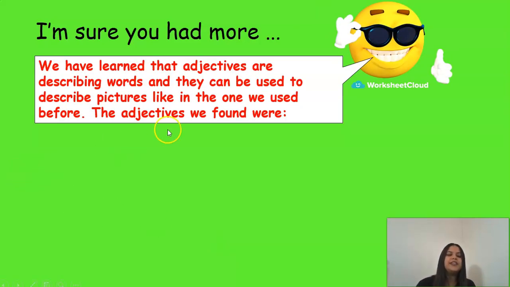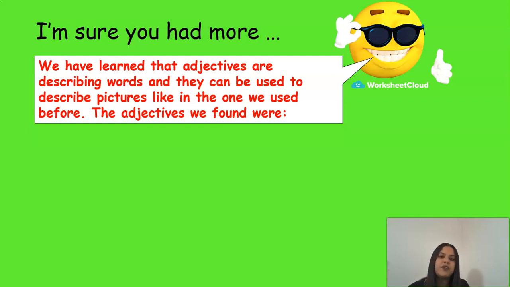So we have learned that adjectives are describing words, and they can be used to describe pictures like the one we used before. I've listed the adjectives that I found in this picture. But like I said, I'm happy if you have different ones, because remember, we don't all think the same, and we don't look at a picture and all think the same thing.